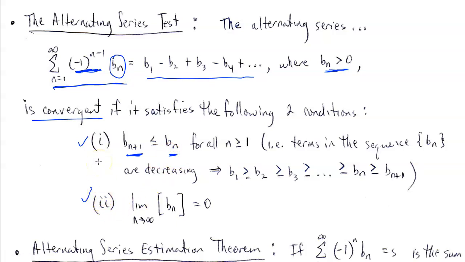So in other words, if we start listing the numbers in the sequence that help to make up this series, this number is going to be larger than the next one, which is going to be larger than the next one, which means that as we list more and more numbers, the value of those numbers tends to decrease the more we list. The second thing is that this b sub n, whatever it is, is going to be a function of the natural numbers.